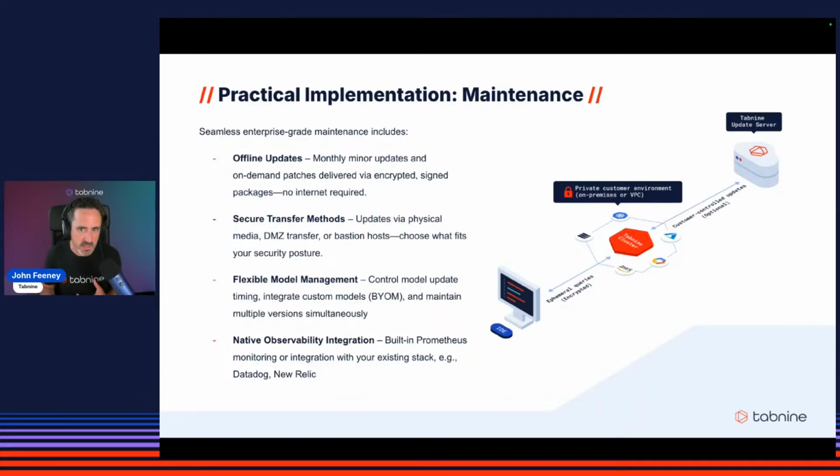There is no fixed schedule for patches, so you get these security updates ASAP and when they matter. The updates are also possible with zero downtime, because we support rolling deployment strategies so that developers never lose access to the AI capabilities during maintenance.